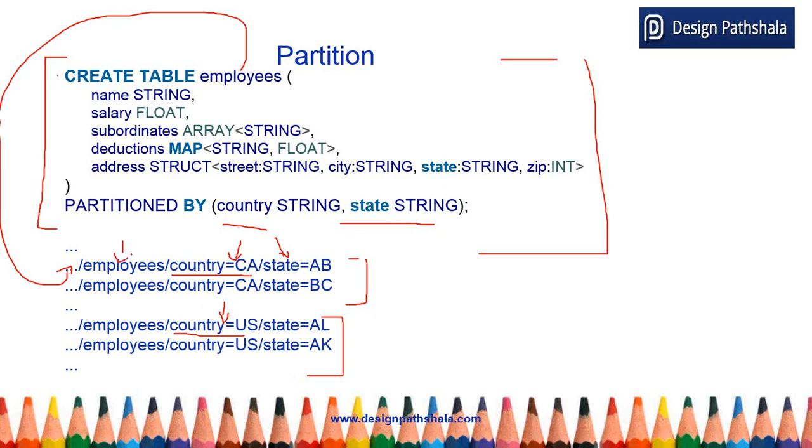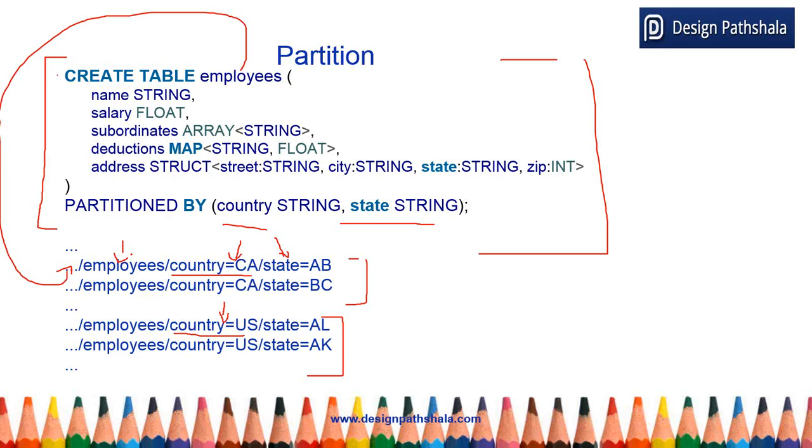There could be a number of directories inside your parent table folder, and it's not mandatory to have it something like country=CA. We could have just CA also, but practically I would suggest using the country=CA form, because when we are running queries with where clauses and other things, otherwise you have to change a lot of things at a lot of places.